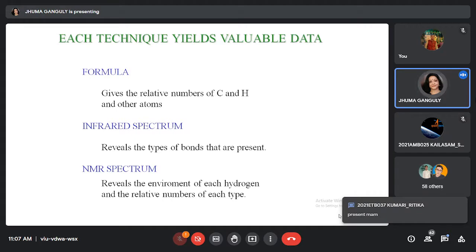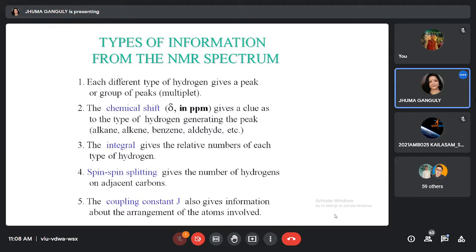Infrared reveals the types of bonds that are present. NMR reveals the environment of each hydrogen and the relative numbers of each type. So NMR in one or two words means it reveals the presence of hydrogen in which environment, and the number we can guess from the NMR. Combining all these, we can figure out the compound.